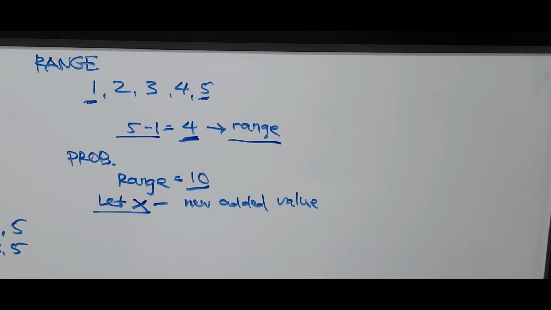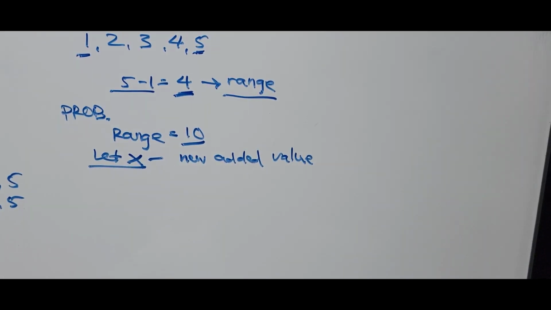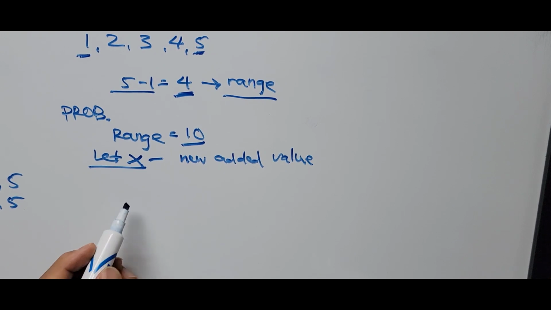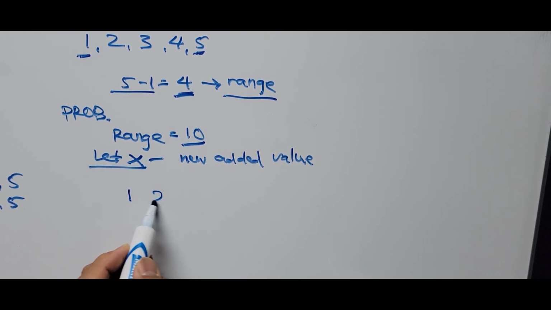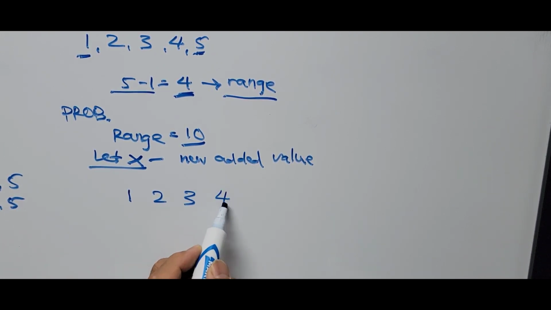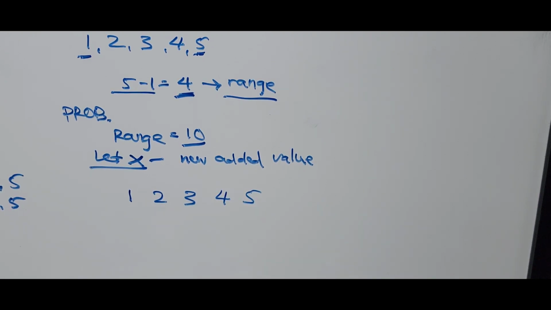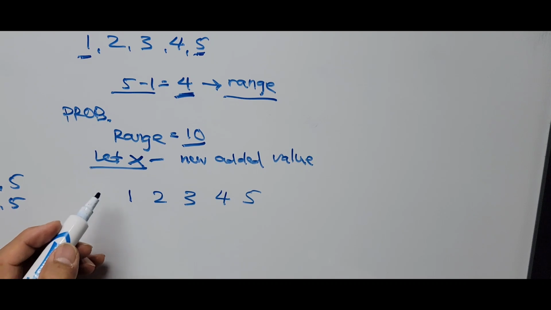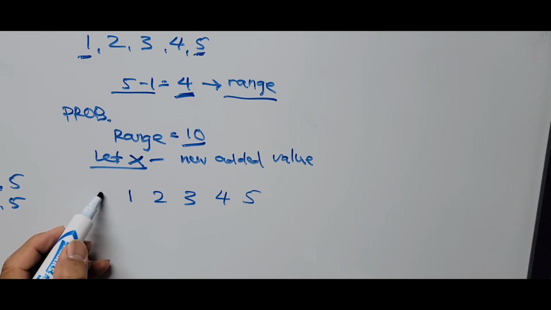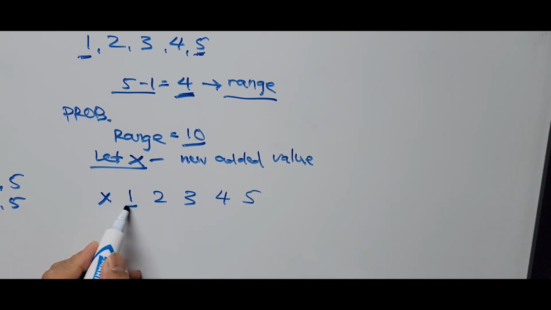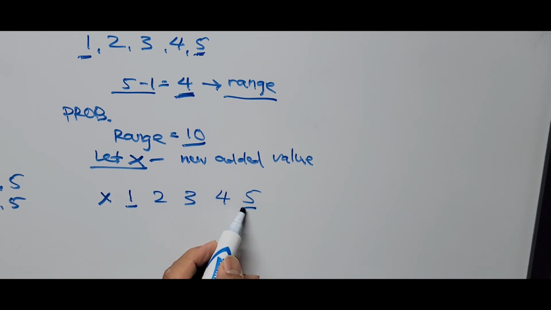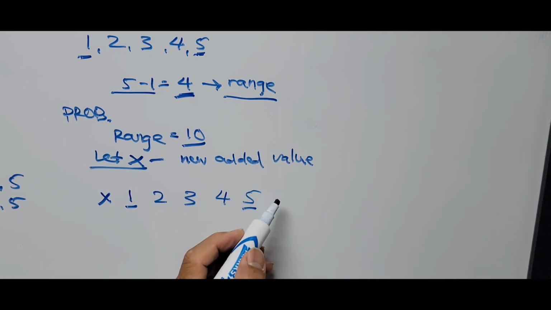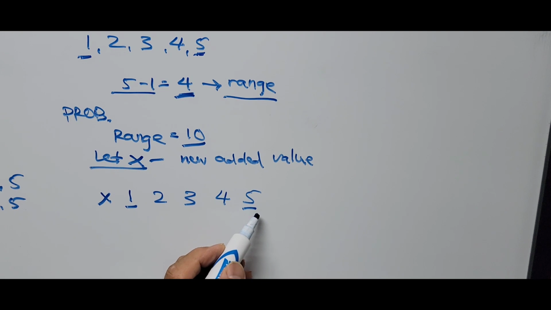So let's solve this problem now. We have to write down the set of values again over here. So that is now 1, 2, 3, 4, 5. And let's consider the x value to be less than 1. And it can also be greater than the greatest value, so we put x right here also.